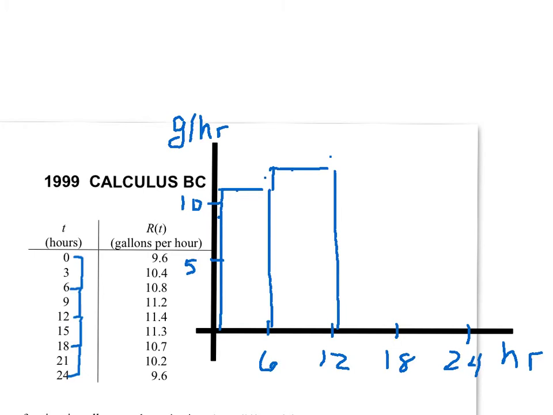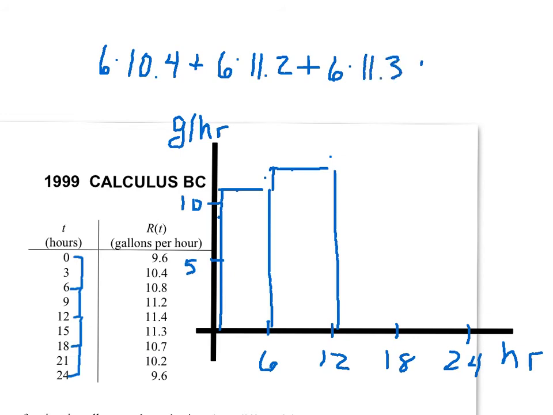Our first rectangle has a base of 6 and a height of 10.4, so it will be 6 times 10.4. Our next rectangle again has a base of 6 and a height, this time, of 11.2, so 6 times 11.2. In similar fashion, our third rectangle will have a base of 6, and its height will be the height at time 15, which is 11.3.